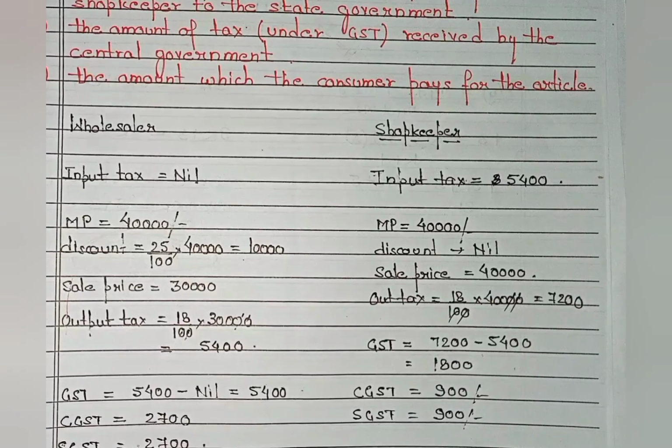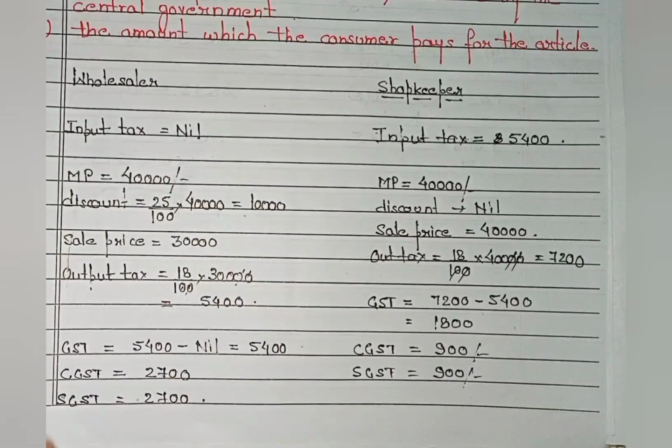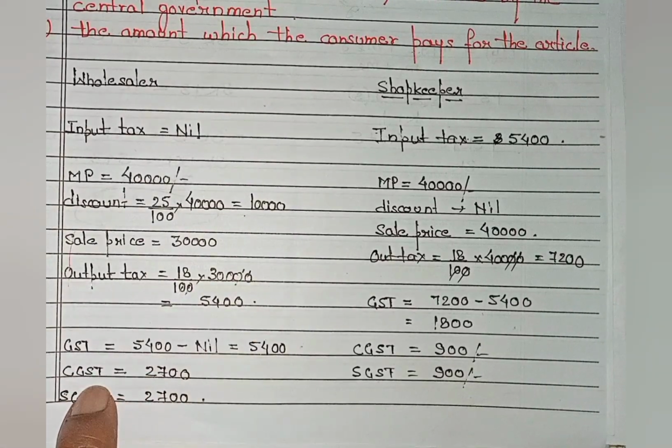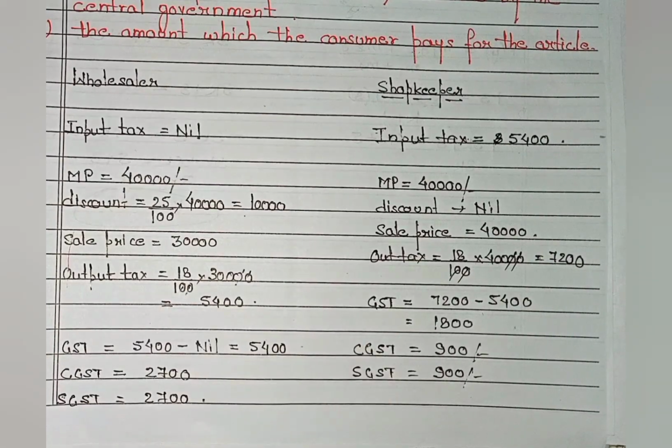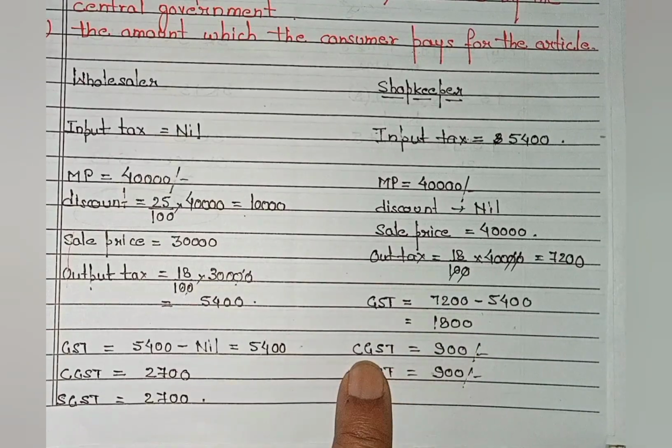So this much is clear. Now we have done the calculation for the wholesaler. This is the GST for the wholesaler, and this is central GST, this is state GST. Similarly for the shopkeeper, GST is 1800, half goes to the central, half goes to the state government.